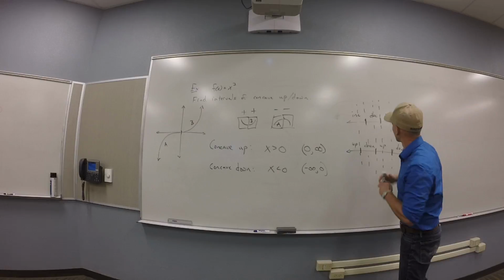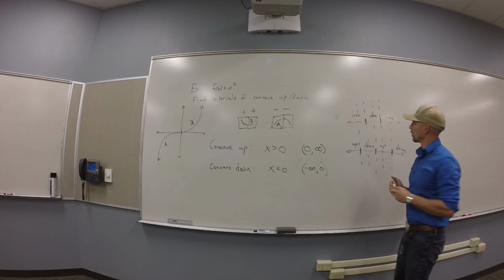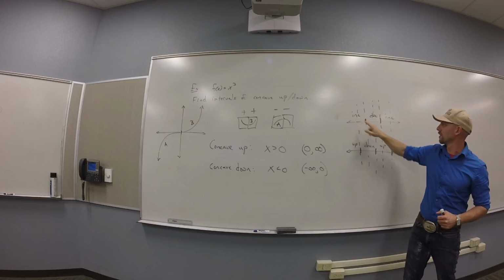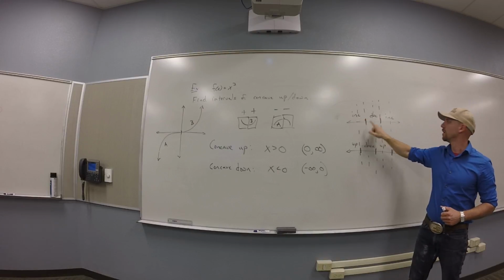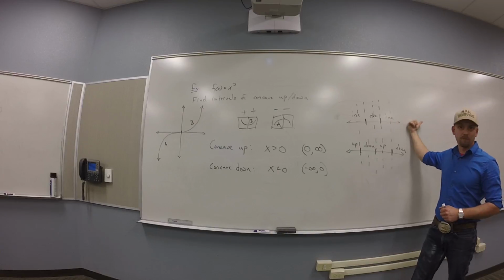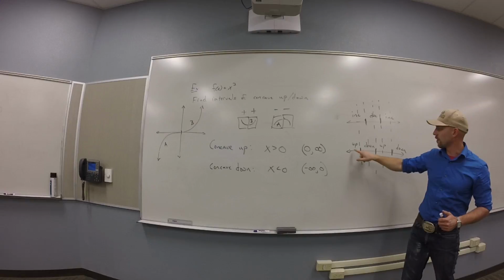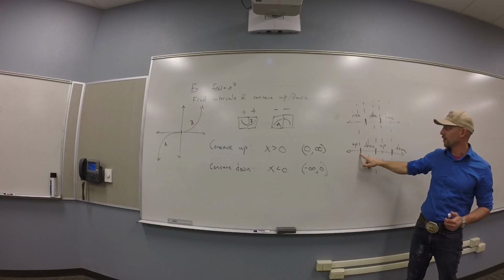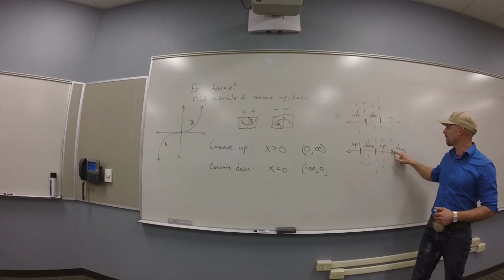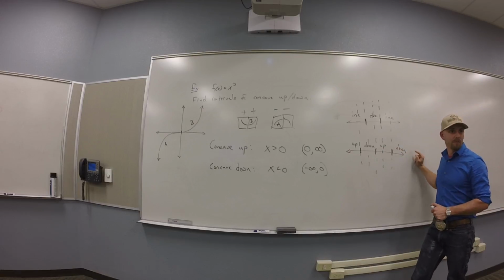Okay, so what I know is that my function's increasing until I get to this value, and then it's decreasing until I get to this value, and then it's increasing from there on out. And then somehow else I know that it's concave up until I get to here. It's concave down for a bit, then it's concave up for a bit, then it's concave down for a bit.